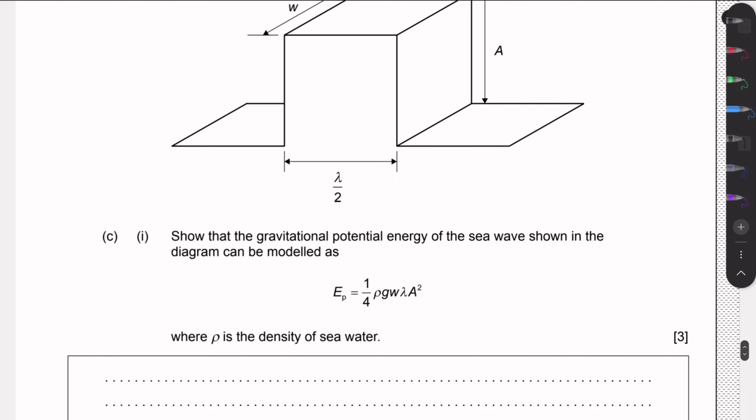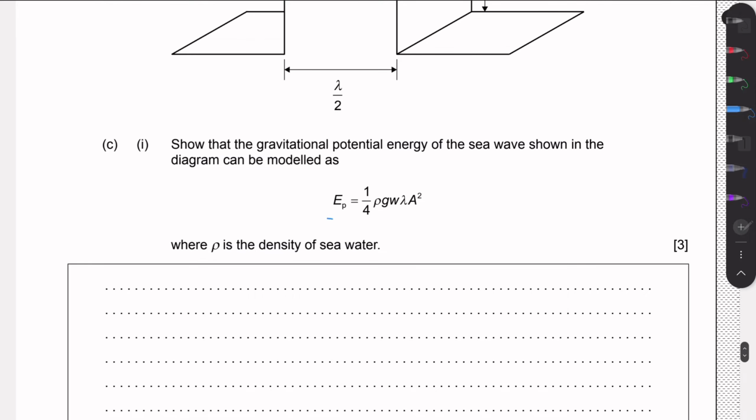And we need to show that the gravitational potential energy of the sea wave can be modeled with this equation, where rho is the density of seawater. Well, we know potential energy can be calculated with mgh. So somehow we need to use this equation.